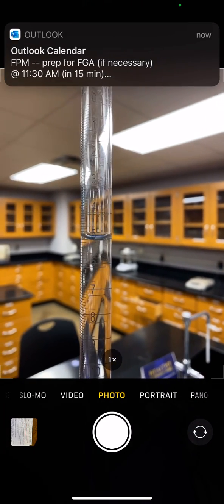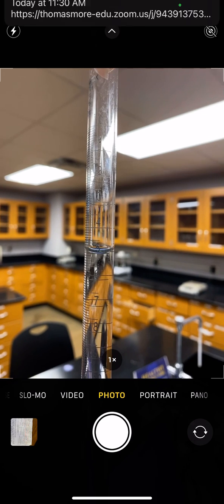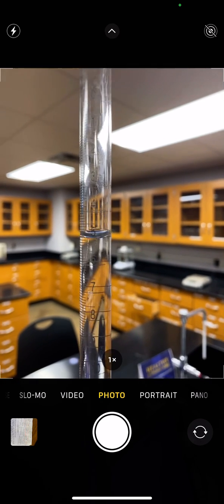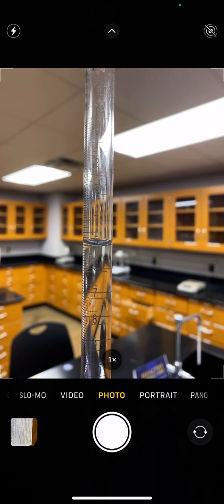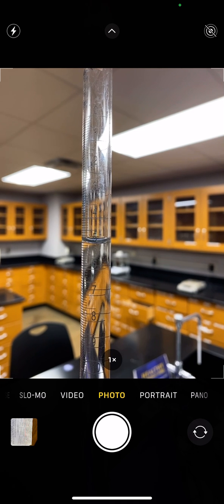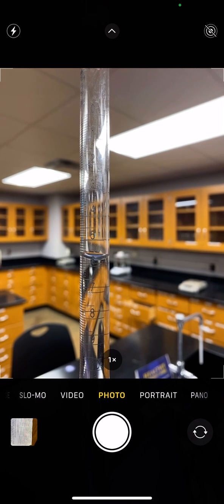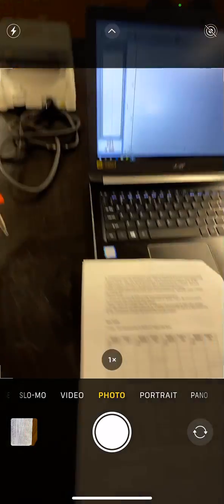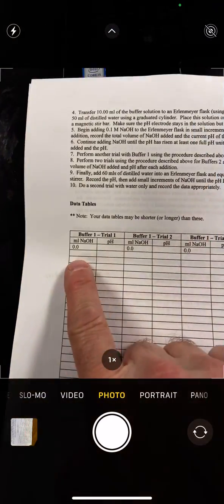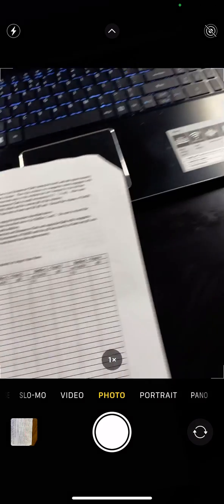So we are at 5. I'm going to go down to 6. Come on, go. So now we're at 6. We added 1 milliliter. So what you're going to do is you're going to record 1.0 milliliters of NaOH.